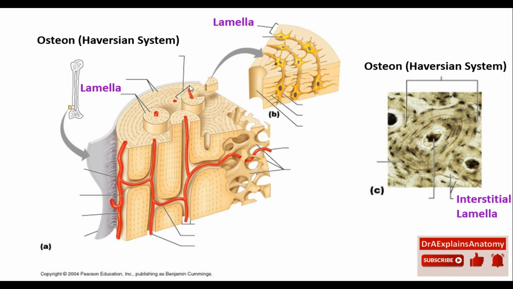Between the osteons, we have interstitial lamella. Toward the outer aspect of the bone, we have the circumferential lamella.